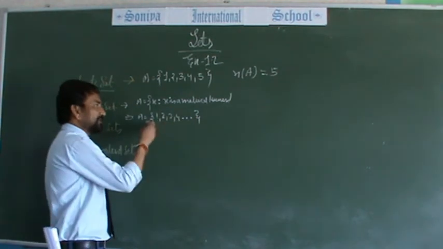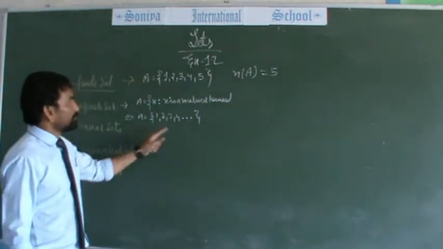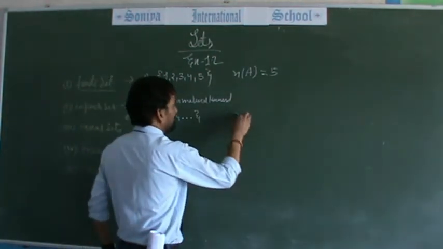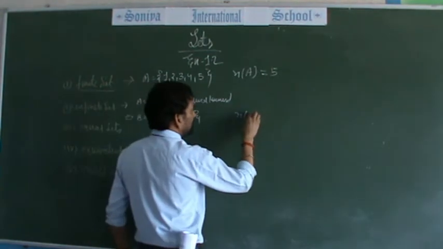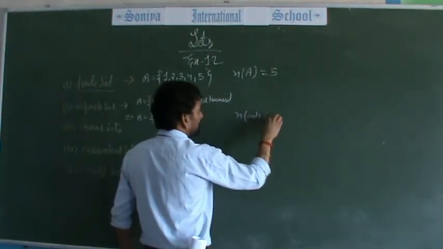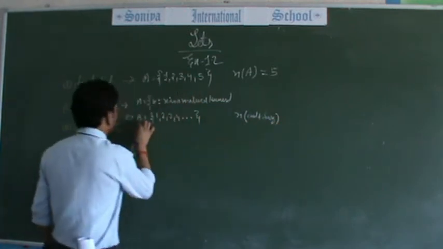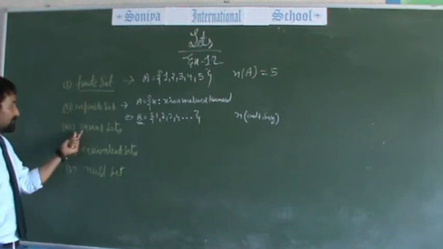These 3 dots mean the elements of the set go on. So the cardinal number for set B, we cannot say how many elements are in it. Therefore, set B is an example of an infinite set.